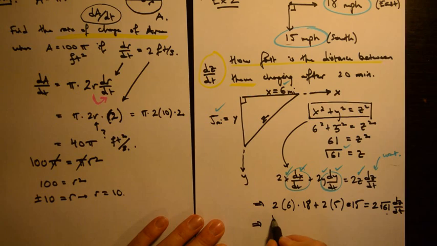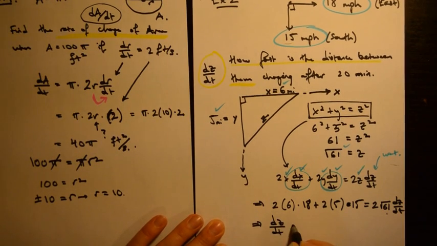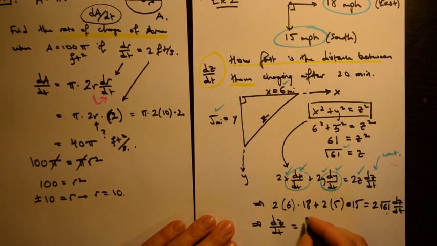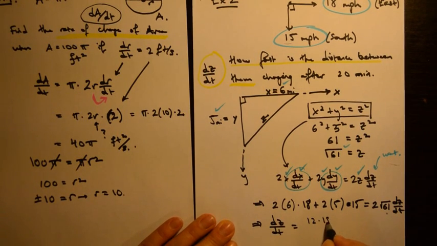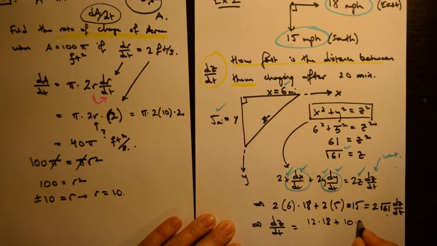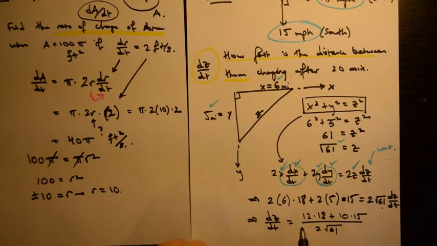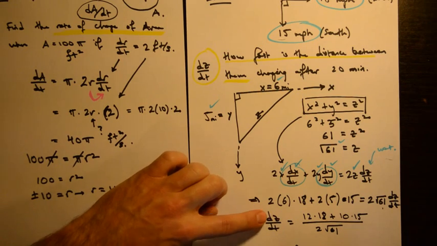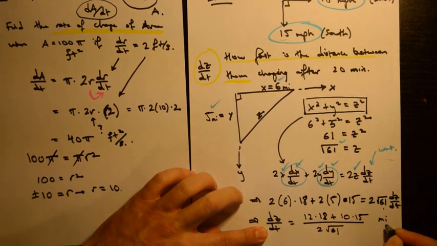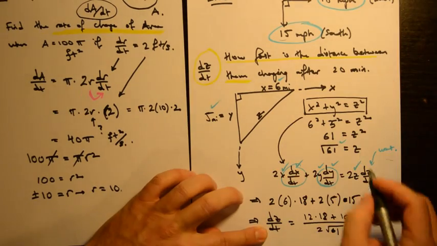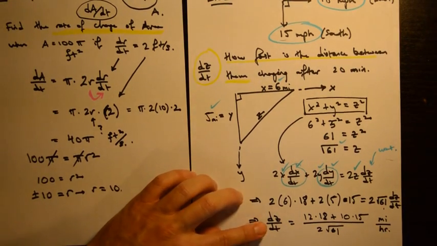So dz/dt is all this: 2 times 6 is 12, so 12 times 18 plus 10 times 15, divided by 2 times the square root of 61. And this one is a rate of change of distance in time. The units are miles, so this will be in miles per unit time of this problem, which is hours. So miles per hour.